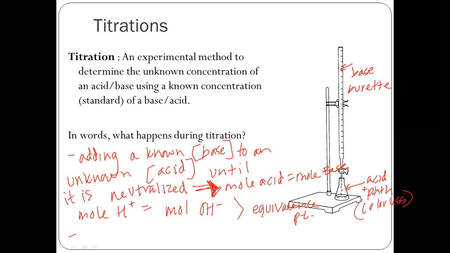So basically what I would do in the lab is I would just add base until it becomes neutral. And the way I'm going to know it's neutral is you're going to see a color change. Remember that a triangle means change when done. And this is called the end point. So not the equivalence point, this is called the end point.